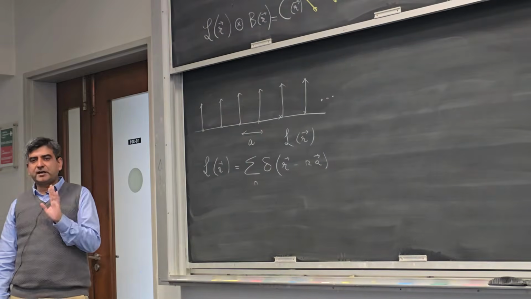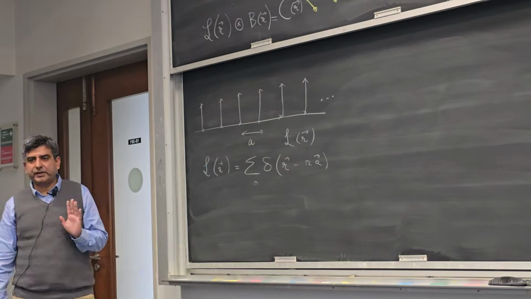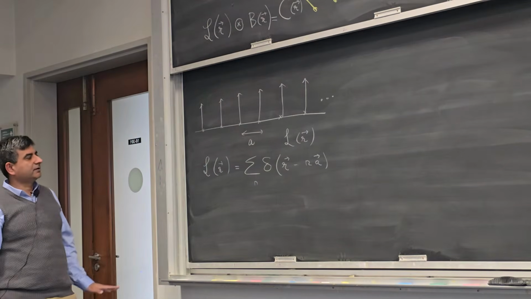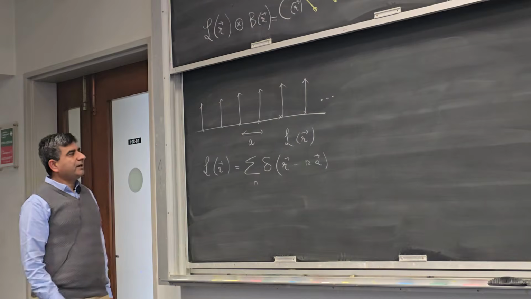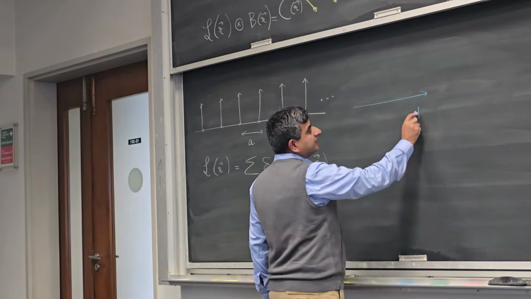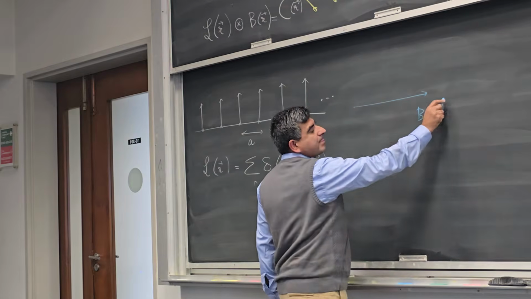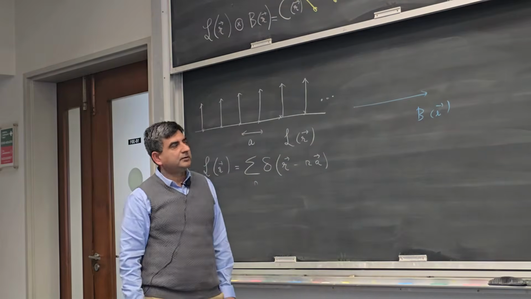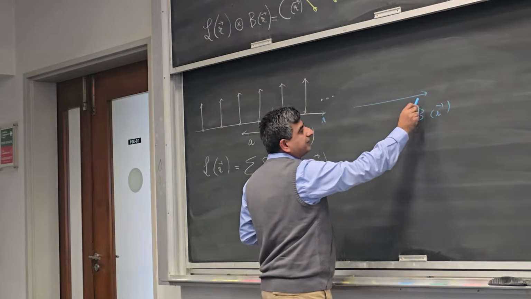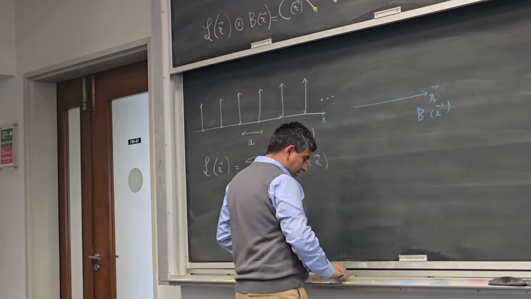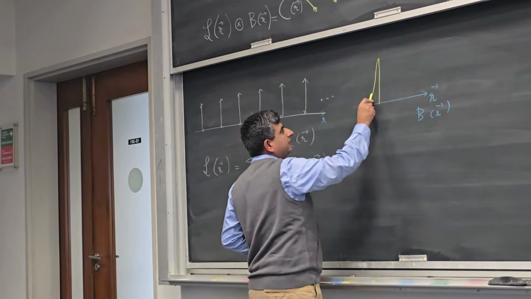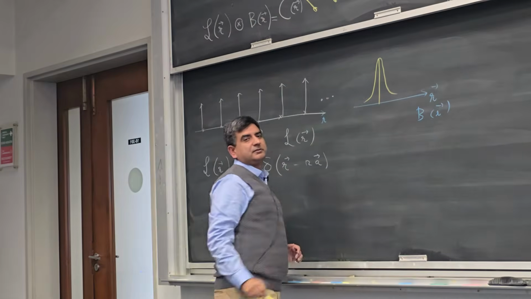Everyone knows about Dirac delta functions? Okay, there could be some amplitude with this, but let's assume it's just a constant. Amplitude is 1. So now if I take another function, let's call this my basis function. This axis, by the way, is R in each of these graphs. Let me assume my basis function to be a Gaussian function.